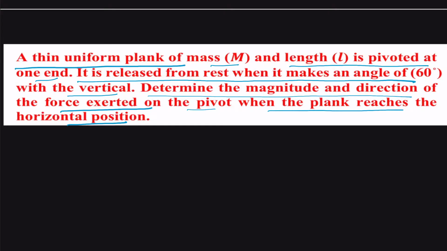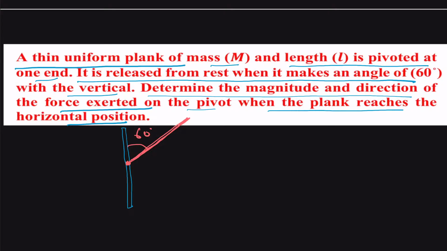So first of all, we are given that we have a rod. Suppose this is a wall, and to this wall we have a plank which is pivoted, something like this, and it is making an angle of 60 degrees with the vertical.